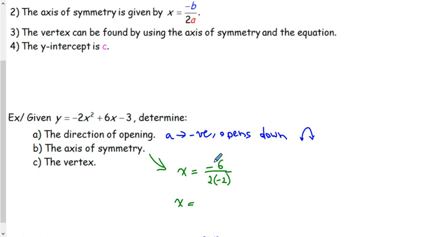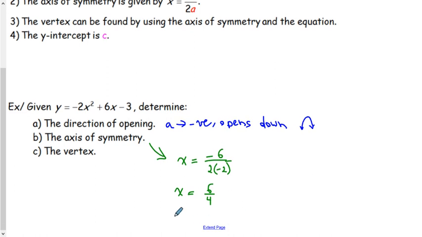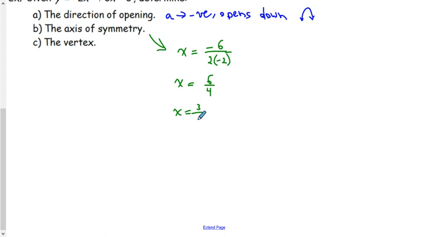That's going to be negative 6 divided by negative 4. So we end up with 6 over 4, because a negative divided by a negative, the negatives cancel out. And so that's going to be 3/2, or you could write it as 1.5 to make it a bit easier to work with.